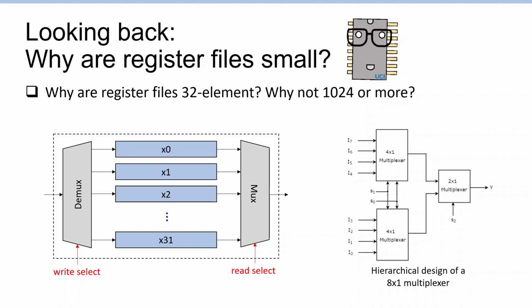Why not 1024 or more? When we were talking about ISAs, we talked about one reason why we don't have a much larger number of register file elements: if we have more elements, we need to encode more bits into the ISA whenever we want to access the register file. That is one constraint which limits the number of elements we can have in a register file.